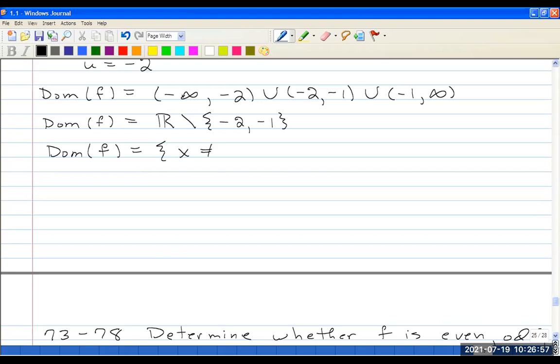So this notation stands for that, sort of a sloppy notation that we all use. And hopefully, oh, this is actually a u, right? So where u is not equal to -2 or -1. Okay, let's do another example.